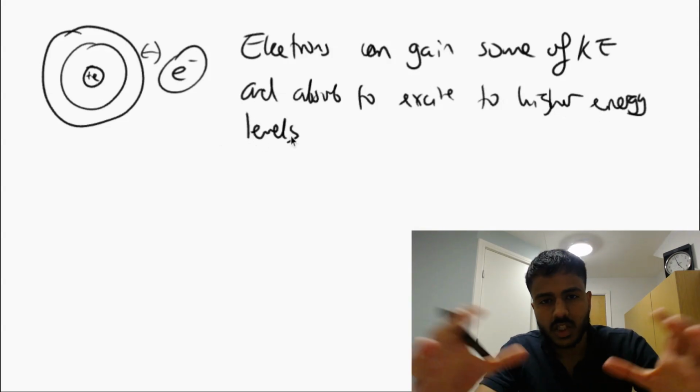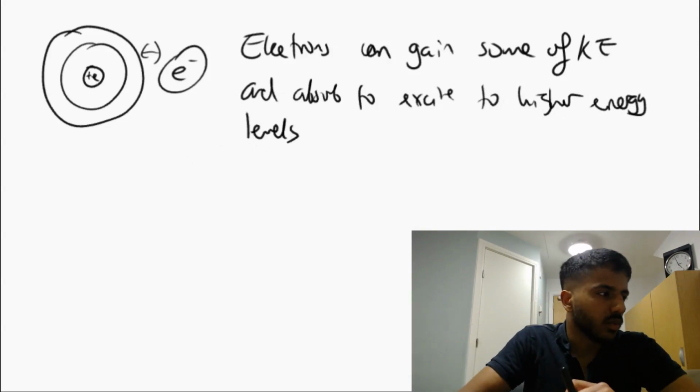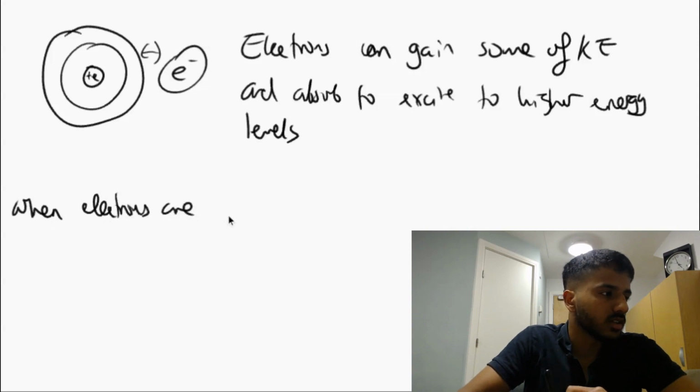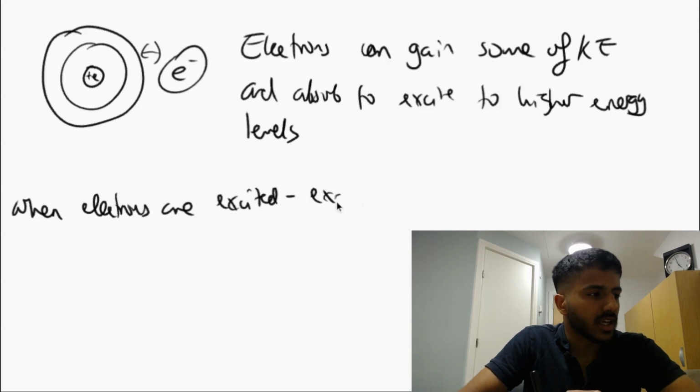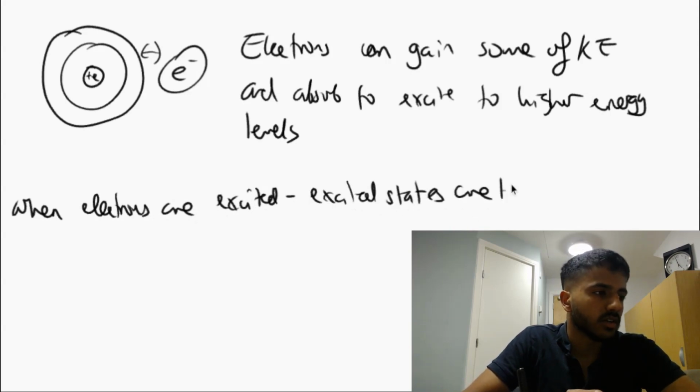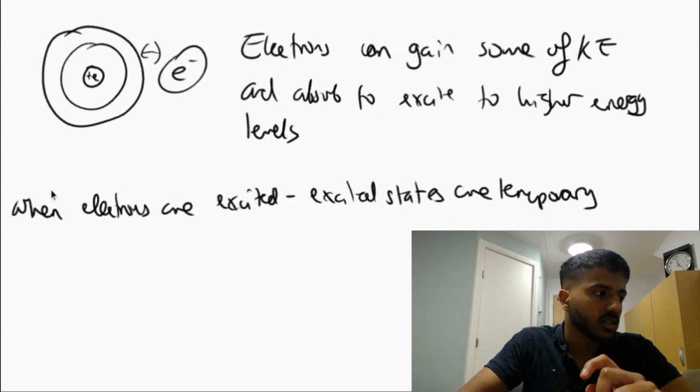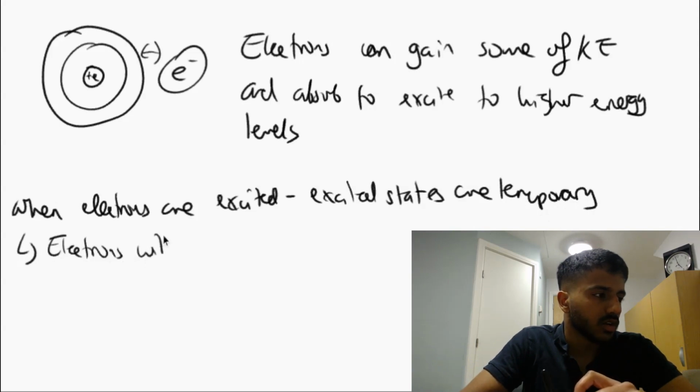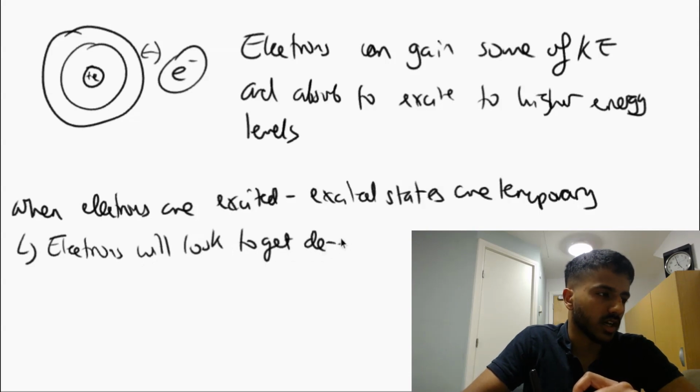Now, one thing that you need to know about excitation is that when electrons are excited, excited states are temporary. What that means is electrons will then look to get de-excited.